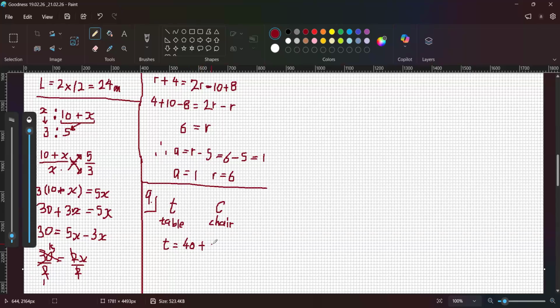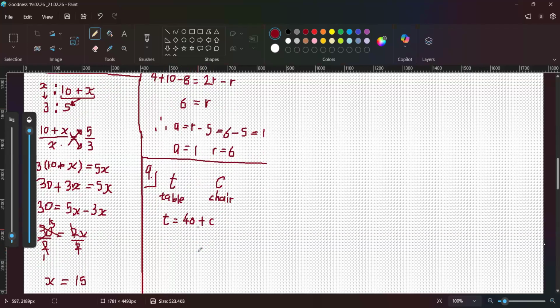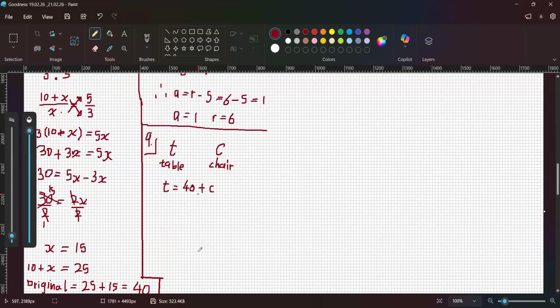Because it said the table costs $40 more than the chair. So this is how it will be. 40 more than is 40 plus the chair's own. Now we have gotten this picture, right?